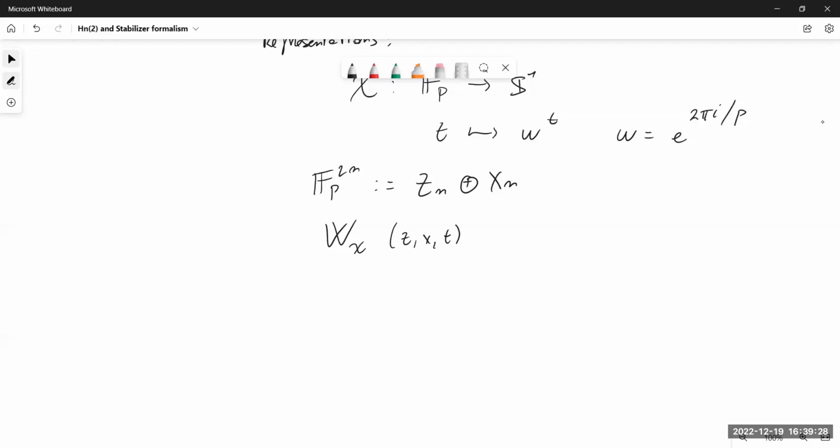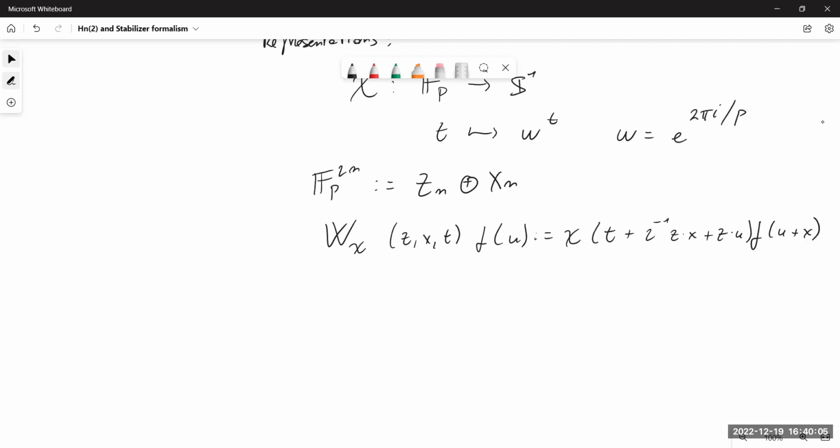And these operators, when acting on functions, are defined in the following way. And we argued that these operators are irreducible representations of the Heisenberg group.